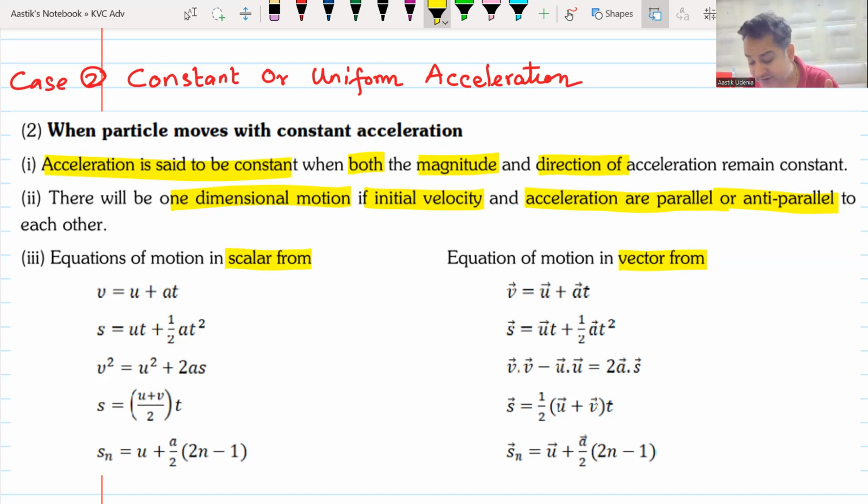We cannot treat vectors as scalars. Therefore, we will have to use sign convention, my dear friend. Can anyone tell me what sign convention we use when we take equations in the scalar form? Tell me.